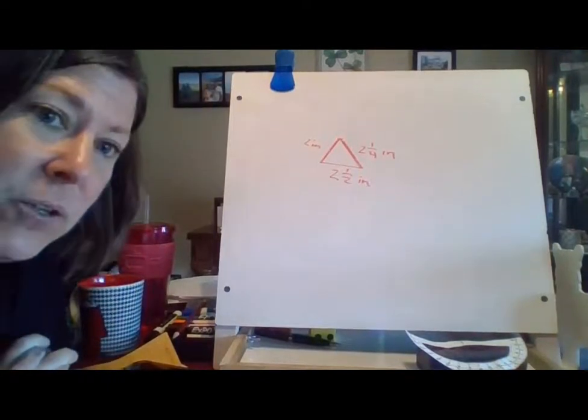Now, what you're going to notice about the symmetry of the triangles is that if it is an isosceles or an equilateral triangle, it'll have a line of symmetry.